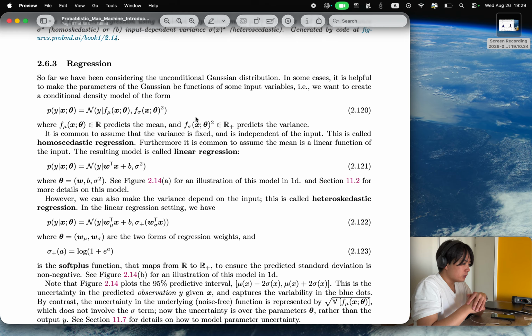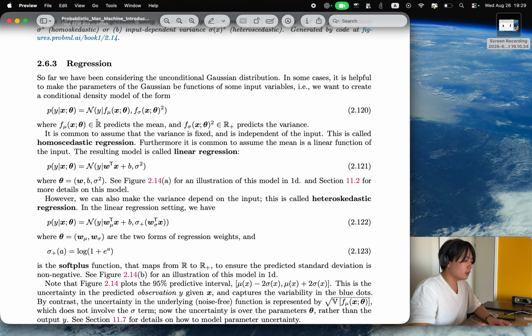If you remember the Gaussian distribution, it takes input x and parameters theta that create the specific properties. The properties are what belong to the specific distribution. In this case, what people call the normal distribution or the Gaussian distribution, it has two parameters: one is mu and the other is sigma squared.